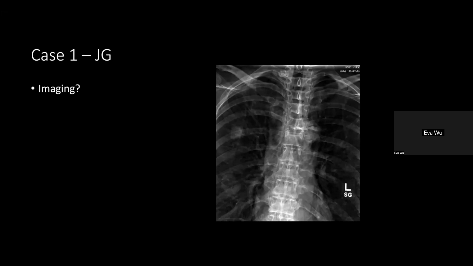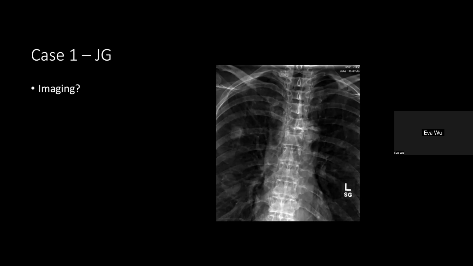And so now that you see this lung lesion on the right, what would you want to get now? Yeah, I would do a metastatic workup, so CT chest, abdomen, pelvis, and see if she has any metastatic disease elsewhere.